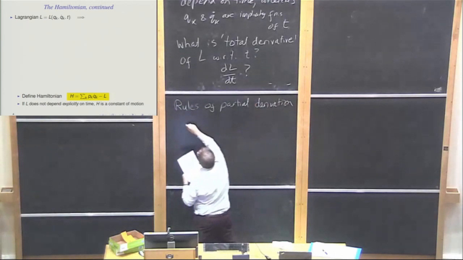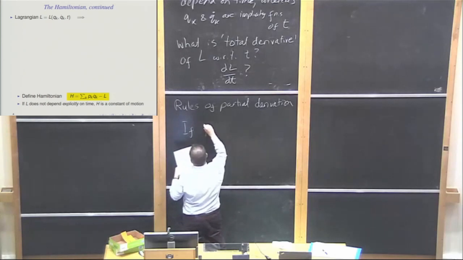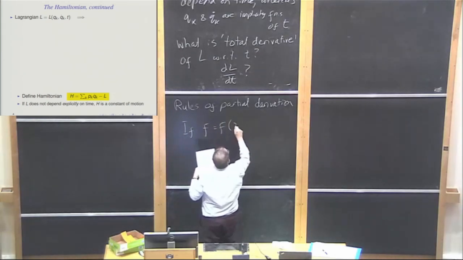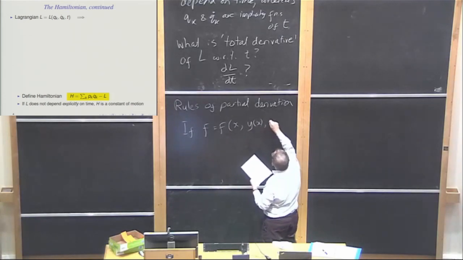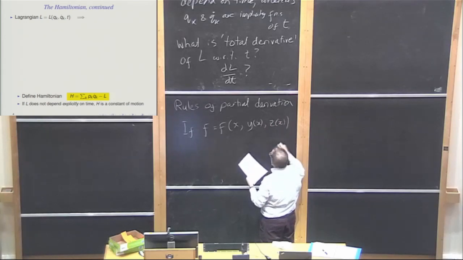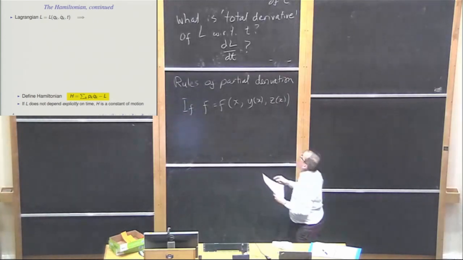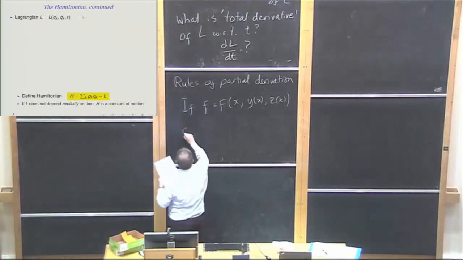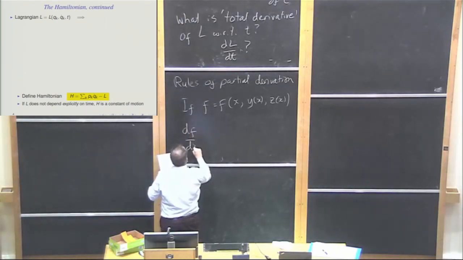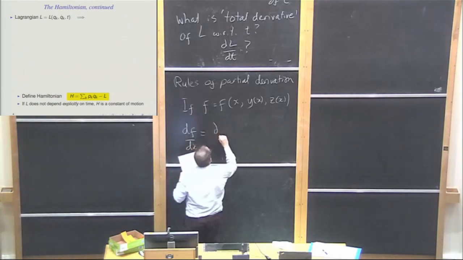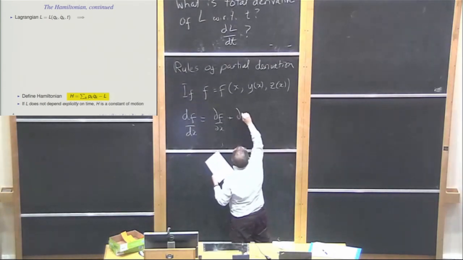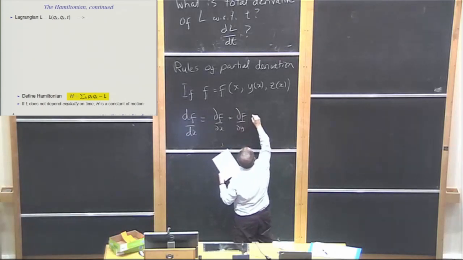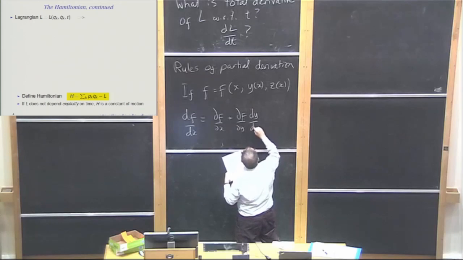If I have f, which is a function of x, y, and z, where y is itself a function of x, and z is a function of x, then what does the total derivative look like? Well, df by dx can be written as the partial derivative of f with respect to x, plus the partial derivative of f with respect to y multiplied by dy by dx.